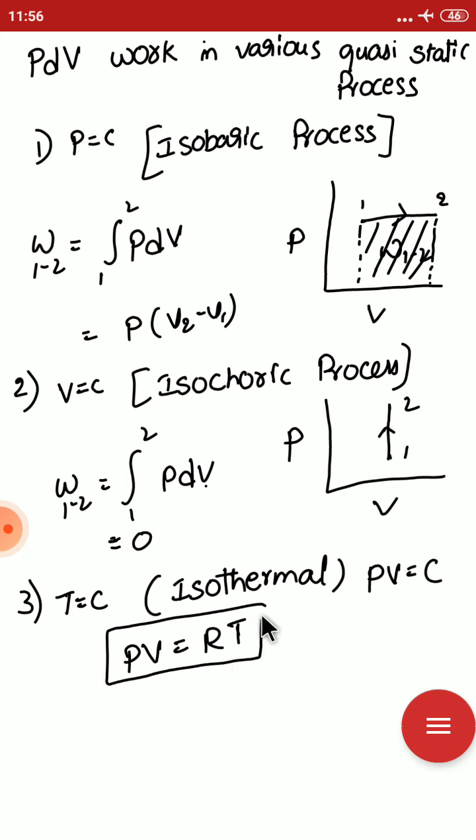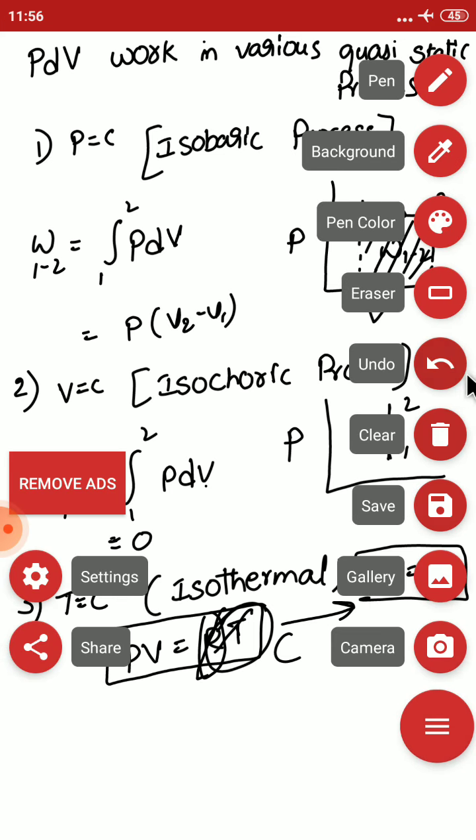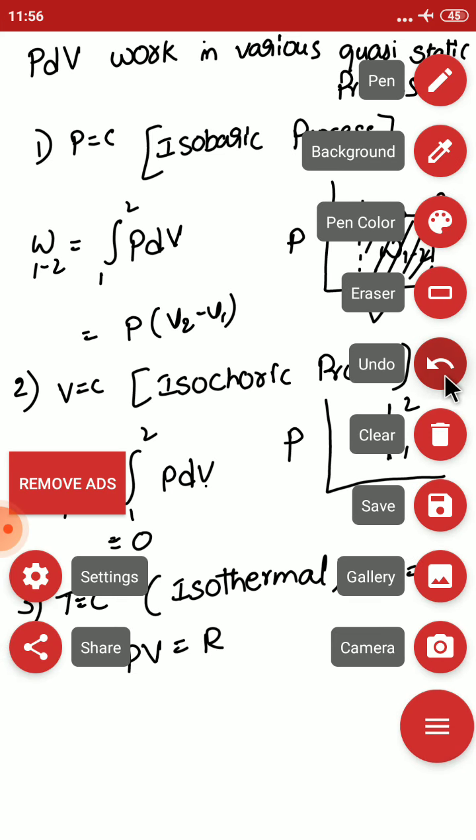R is a gas constant, so it has a particular value, and T is also constant, so the right side is some constant value. This way, for constant temperature, we can write PV equals constant.